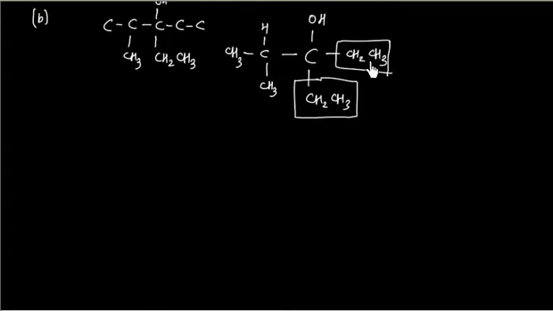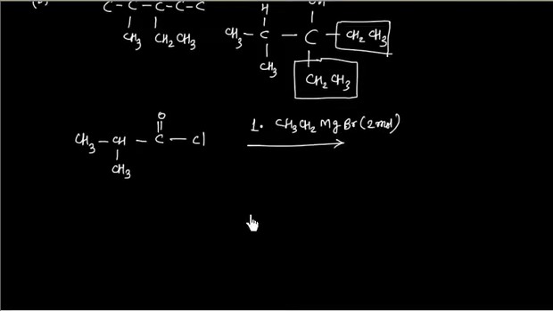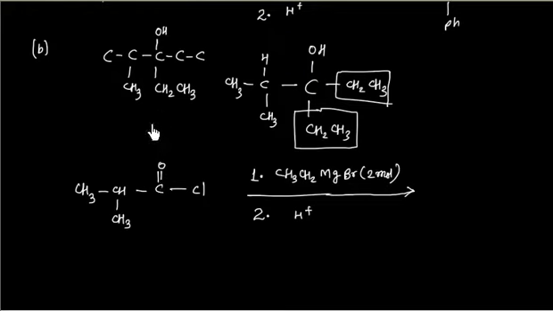So this means I have to take the Grignard reagent of this because two equivalents we can take. And this part is coming from acid chloride. So we will have CH3, CH, CH3, COCl. And if I react with two equivalents of Grignard reagent, that is CH3CH2MgBr, we can take 2 moles or 2 equivalents, and on further acidification we will get the corresponding alcohol.